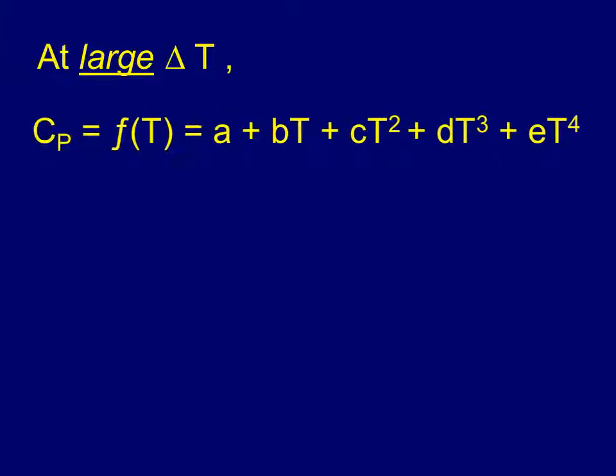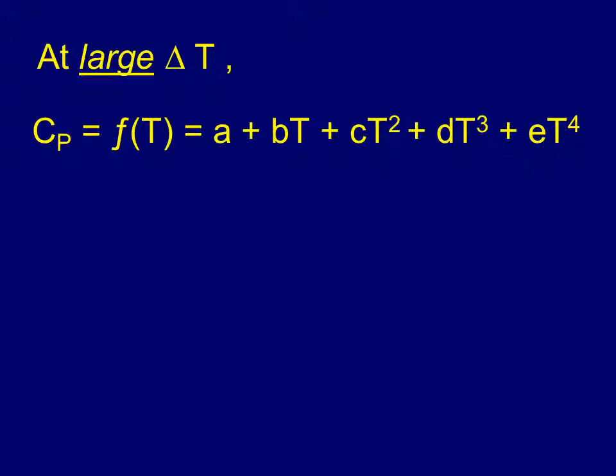For a large delta T, you'll often see, and in fact in your text, and in any good engineering thermo text you should find, Cp listed as a function of temperature. What we have here is called an empirical equation. We're giving a polynomial in T, fitting the data for Cp to T with various constants a, b, c, d, and e.